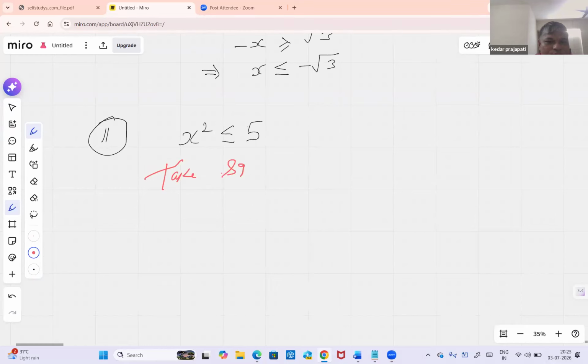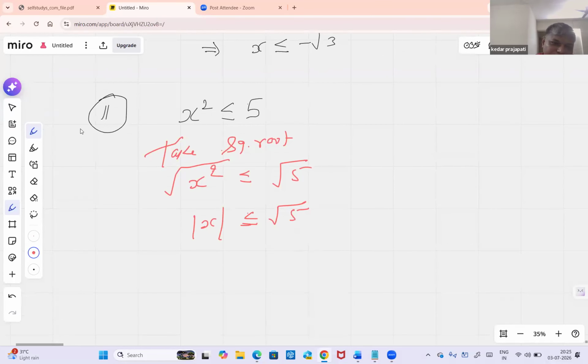So this will become root 5. Now this will become mod x. Mod x is less than or equal to root 5. Now here x has two values. I said mod x either will be positive or it will be negative.